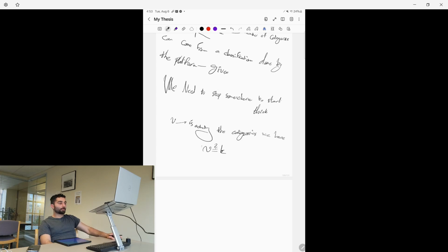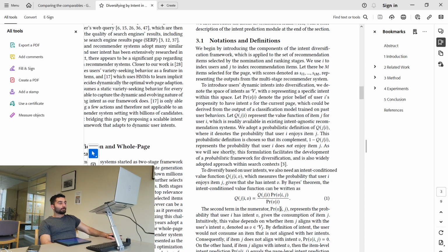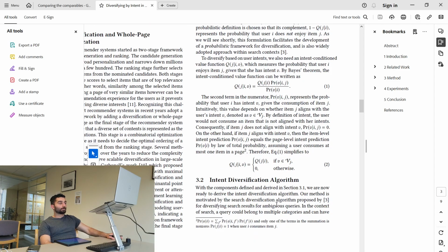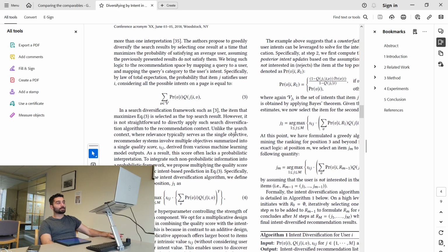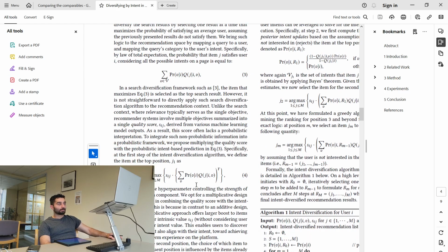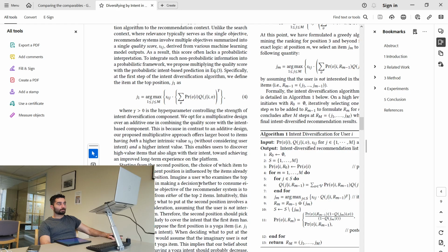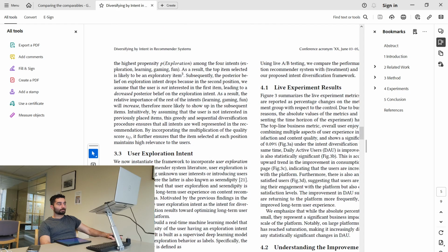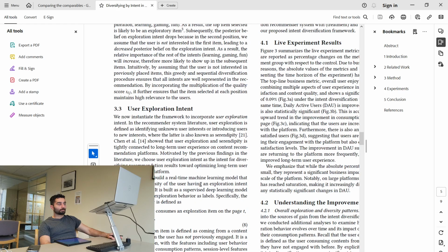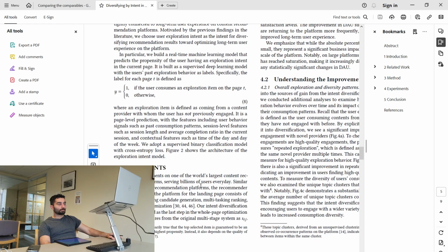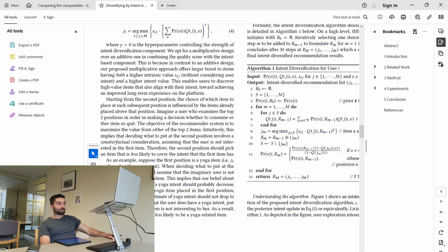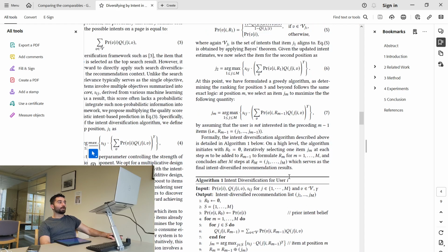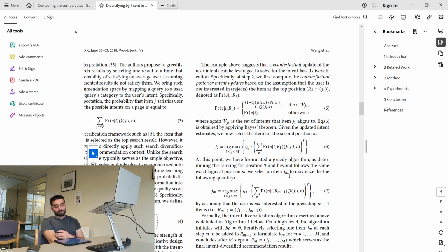Let's see what was the purpose of diversification in. Okay. There we assume that they have different intents. So the algorithm's sense was that we are diversifying on intent.